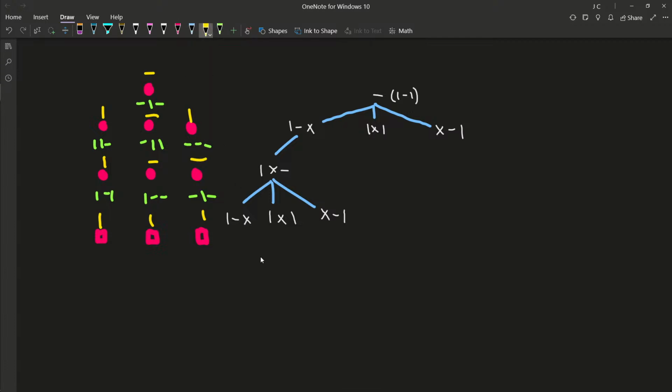Right, so you're gonna get 1 dash dash 1 dash 1 from here. 1 1 1 from here. We already have the 1 dash 1, and 1 dash 1, and then dash dash 1.